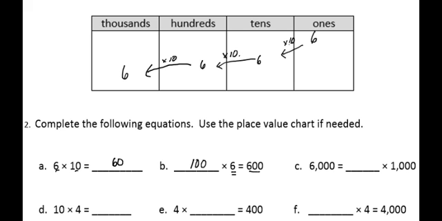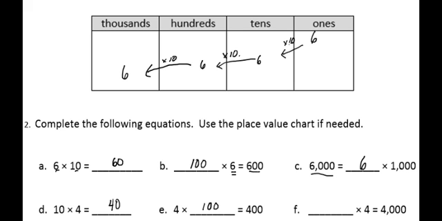So I started with 6, multiplied it by 1,000 to get an answer of 6,000. On the next row, 10 times 4 is 40. 4 times some number got me to 400. Well, 4 times 10 would give me 40. 4 times 100 would give me 400.